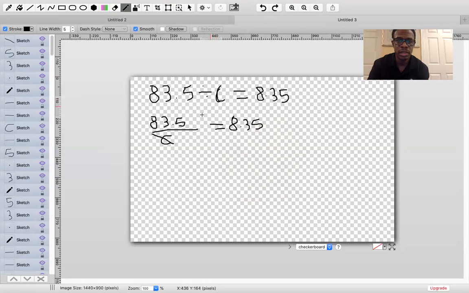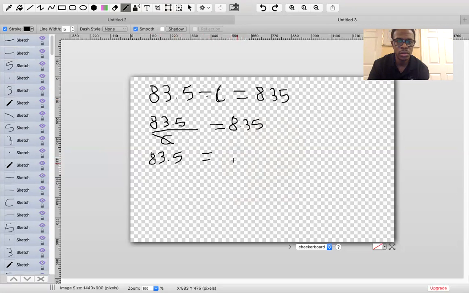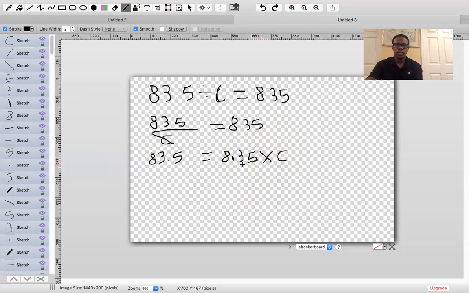We're dividing by C, so we have to multiply by C. So that's going to give us 83.5 is equal to 8.35 times C.